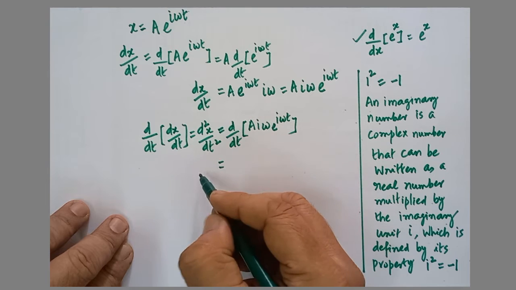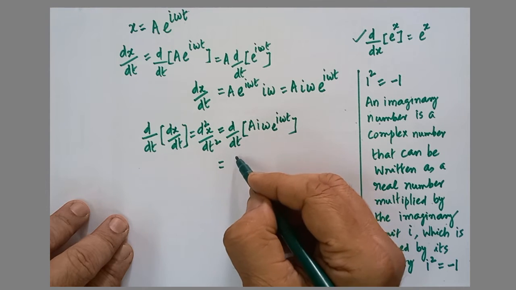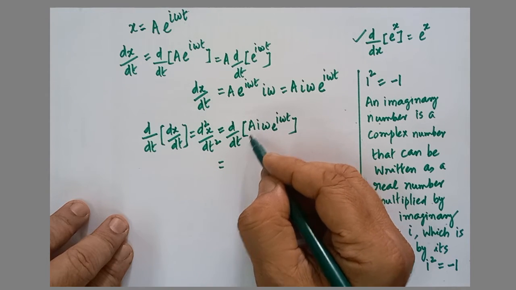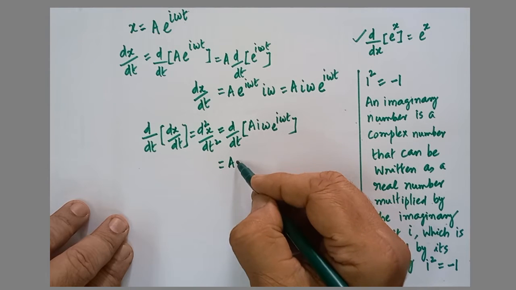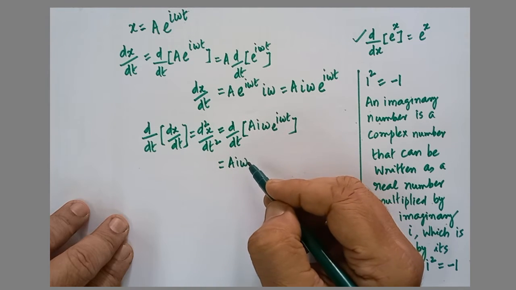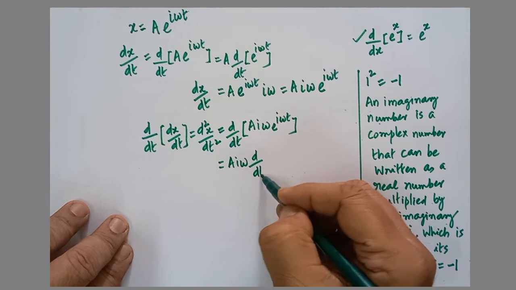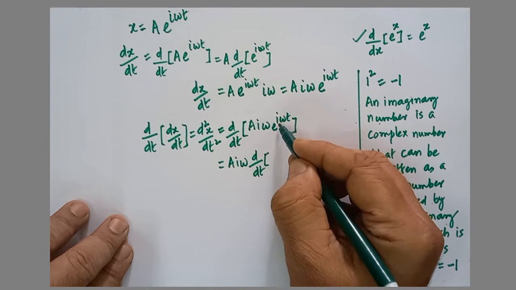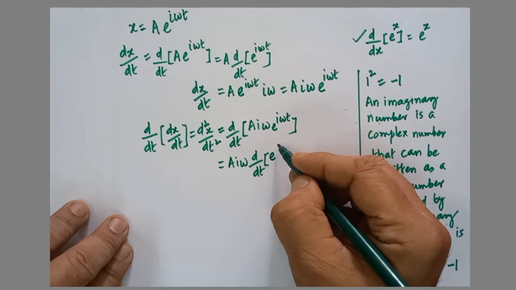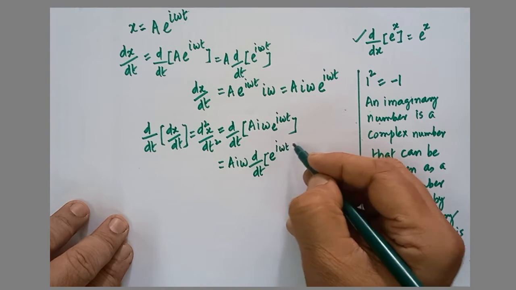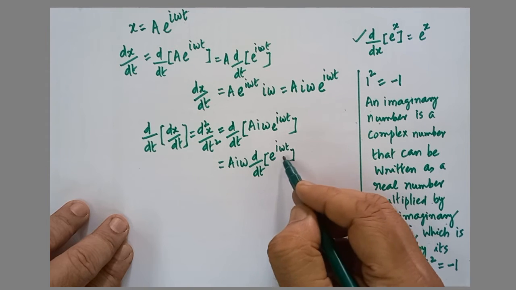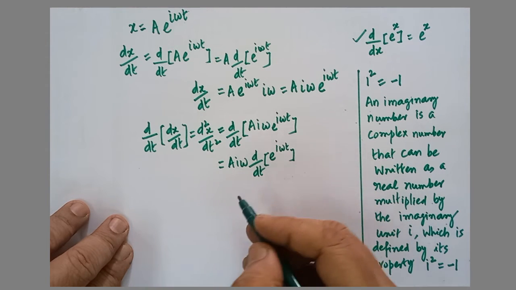Here which factors are constant? A is constant, i is constant, omega is constant. Are you clear? Again we can write d/dt of e^(iωt). We know very well how to solve this one.